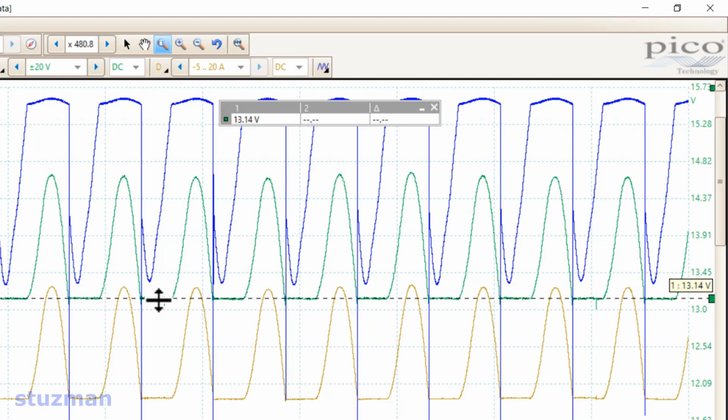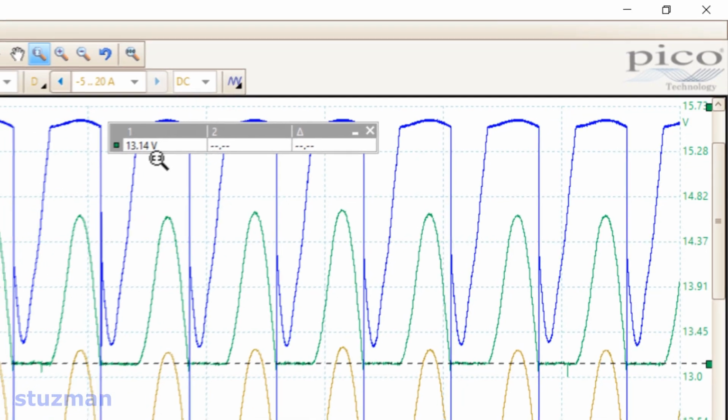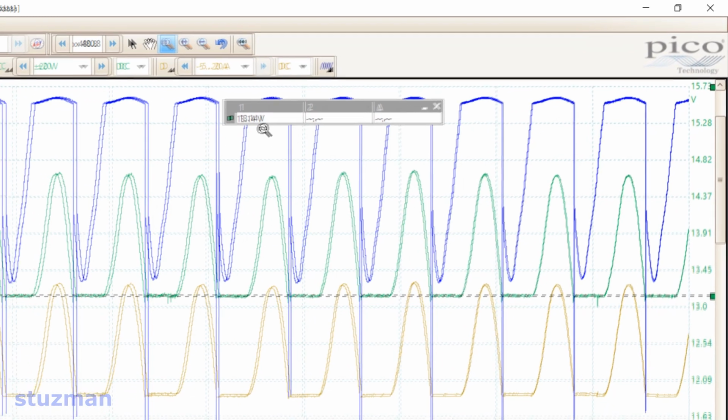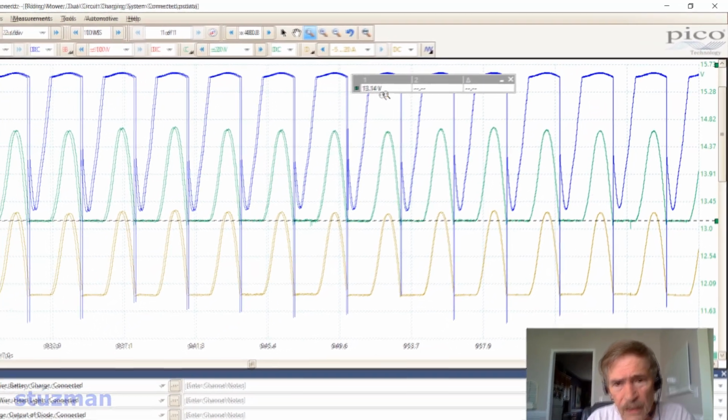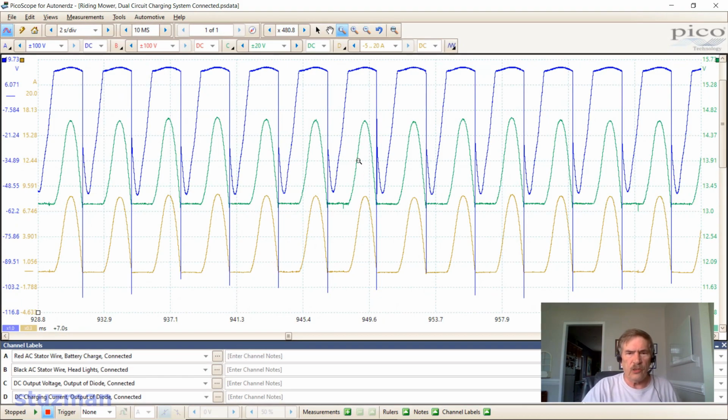Well, in this case, the battery is our load. So when the diode turns off, as it is right now, notice that we have a voltage of 13.14 volts. This voltage is the voltage that's directly across the battery when the stator is pretty much out of the circuit.